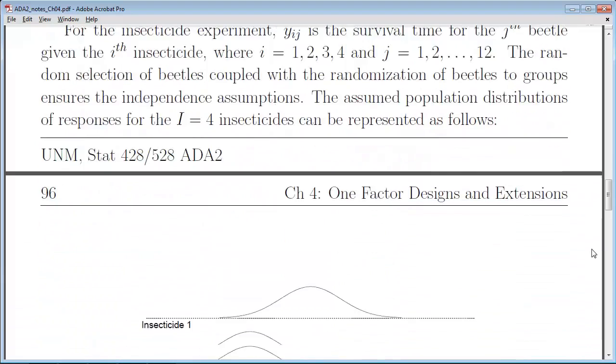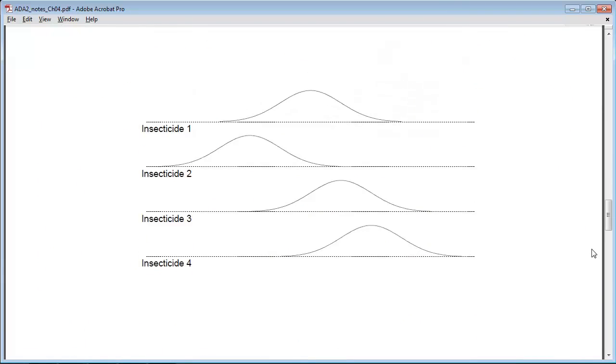So here might be the four distributions for the insecticides. Along the horizontal axis, we've got survival times, and we have these four normal curves. Notice that the shape and the spread of these four curves are the same. That's the assumption that the residuals are normal and centered at a different mean for each group.